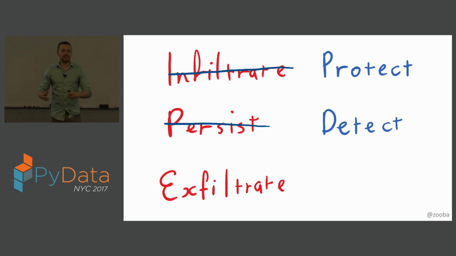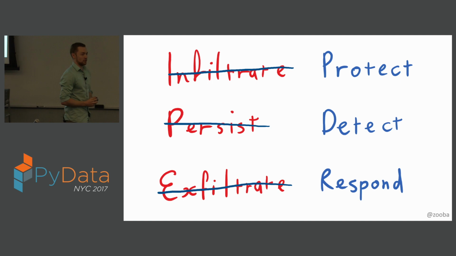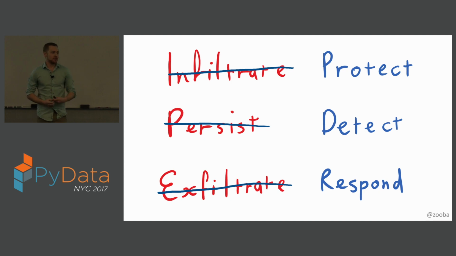They're going to take your data and get it out, again, without you noticing. Attackers have exfiltrated gigabytes to terabytes of data from companies, and companies don't notice, because they hide it as part of normal traffic. But you have to respond. Once you've detected an attacker in your network, it's track them down, shut them down, get them out.